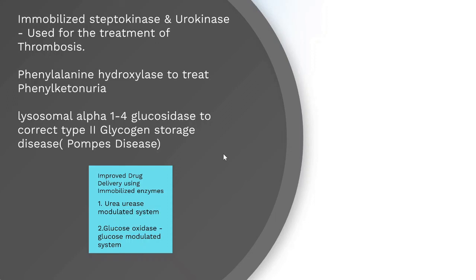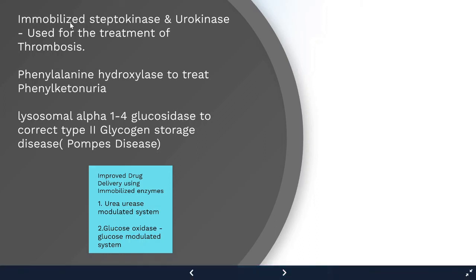The disadvantages that we have with free enzymes are poor availability of the enzyme at the site of action, sensitivity to natural inhibitors, degradation by endogenous proteases, and immunogenicity of certain enzymes. All these become a hurdle for them to be used in therapeutic purposes. That is why the enzyme will be immobilized.